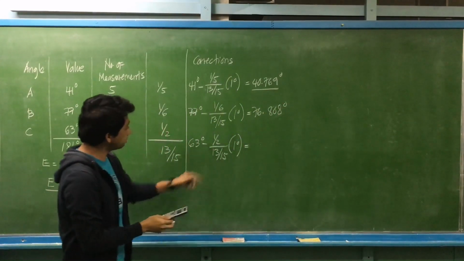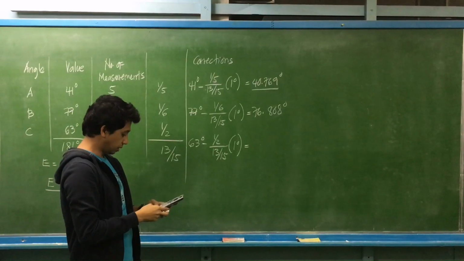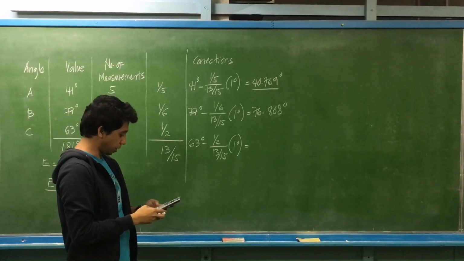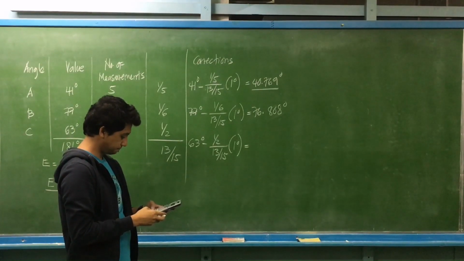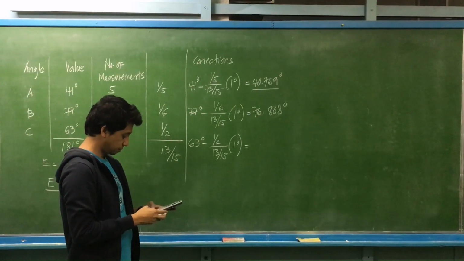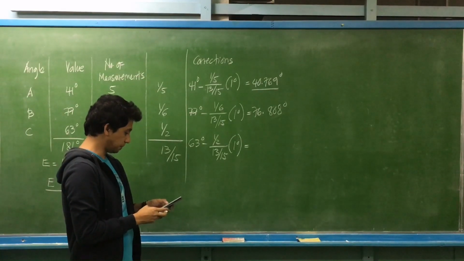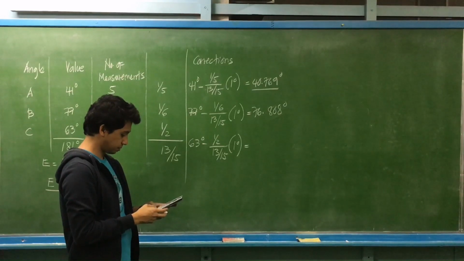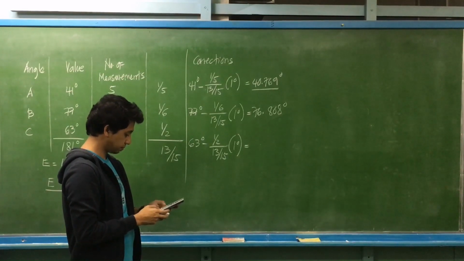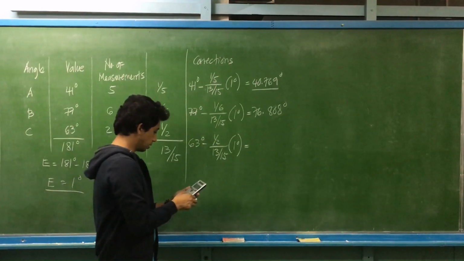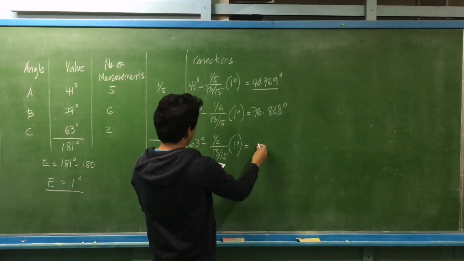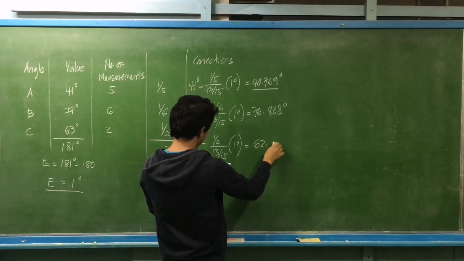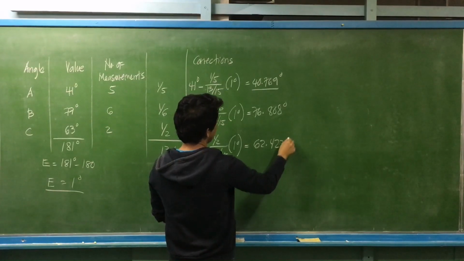Sorry, it's 1/6, not what I first computed. And lastly, 63 minus 1/2 over 13/15 is 62.423 degrees.